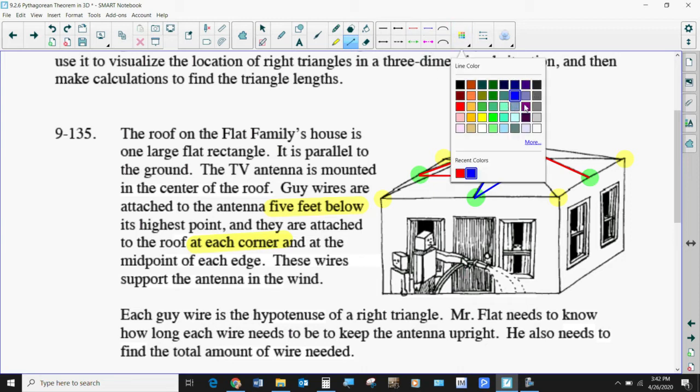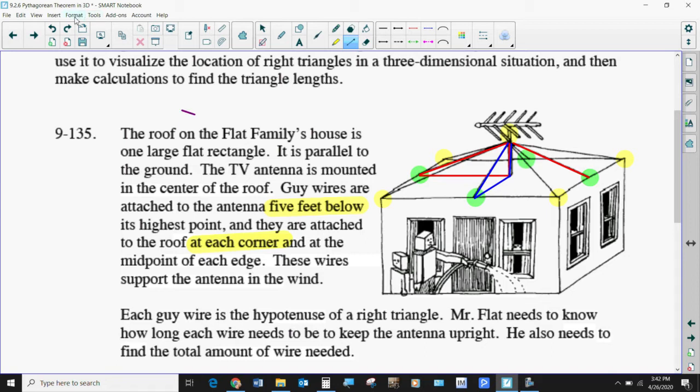This one is going to be the trickiest of them all. This, once again, is one of the legs of our right triangle. I'll go in this direction, but then this is going to go to all of the corners. So this one is going to be the same distance to all of those corners, which makes this guy wire yet another hypotenuse.